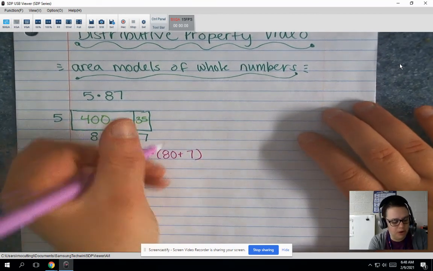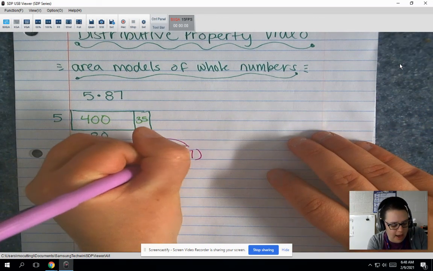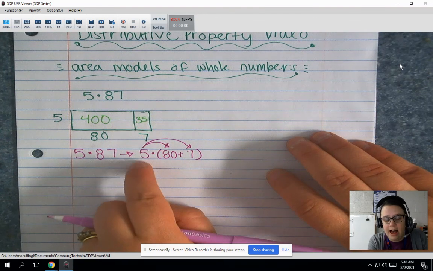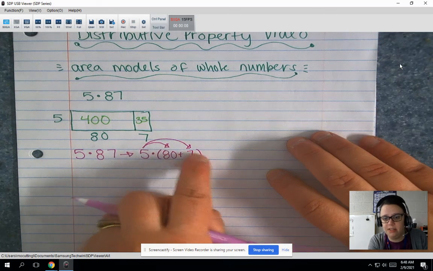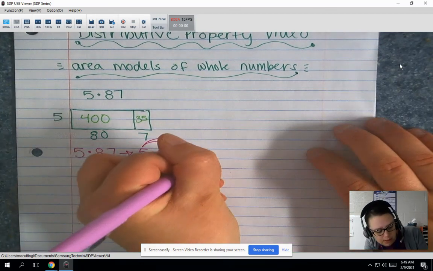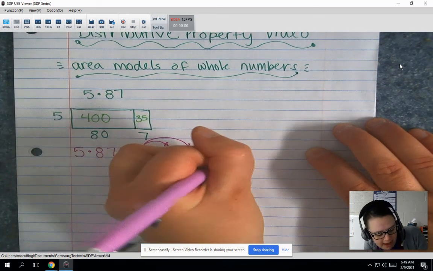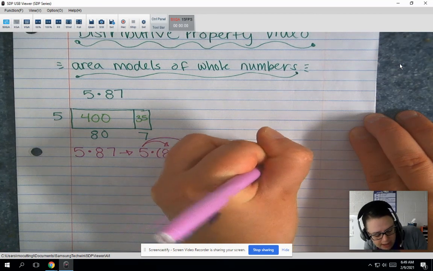And this time I'm going to draw these arrows because the distributive property tells me that instead of adding 80 plus 7 and then multiplying it by 5, I can pass out my 5 with my times sign and do 5 times 80 plus 5 times 7, which is exactly what I did when I broke up my area model. 5 times 80 plus 5 times 7.